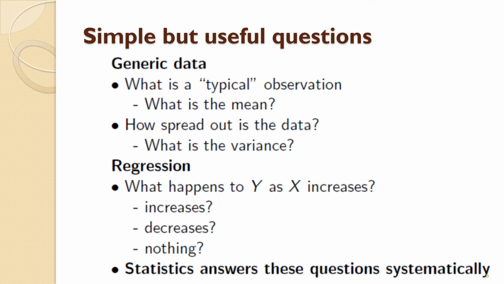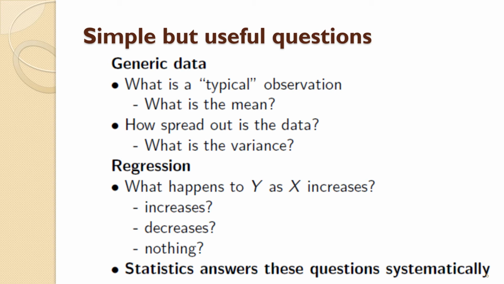Okay, and the point of the techniques in this lecture will be to answer these two questions, about what a typical observation is and how far spread out the data is, in a systematic way using hypothesis tests. Now, it looks a little bit strange when you first see it, but these generic data techniques then feed forward naturally to regression.